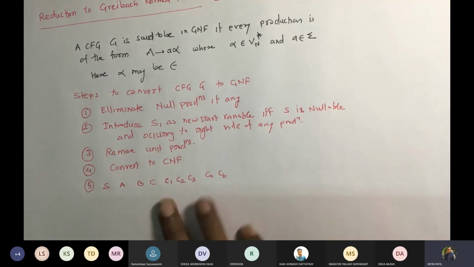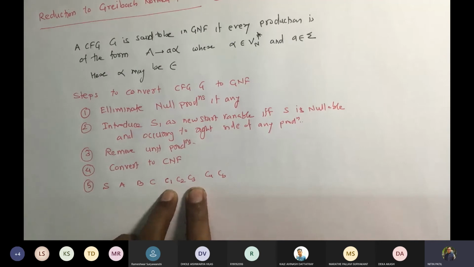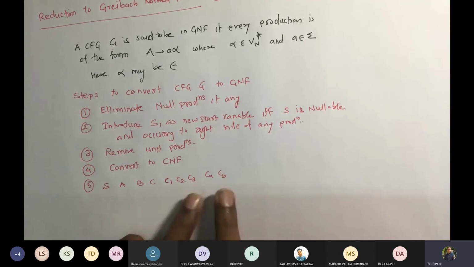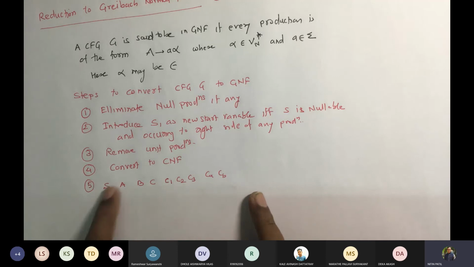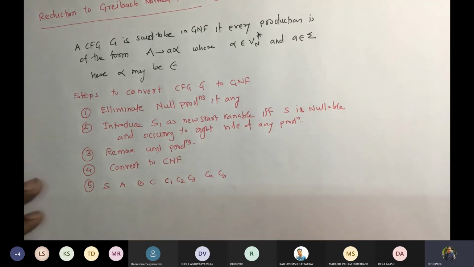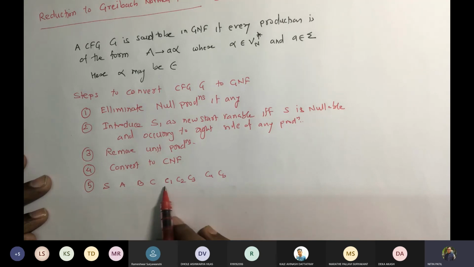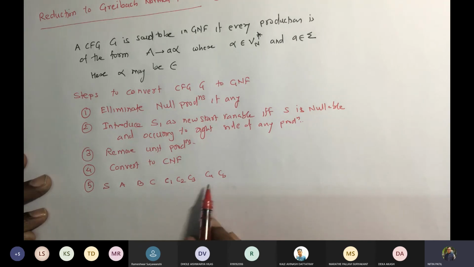These were introduced by you after converting to CNF: C1 and the like for two variables on the right-hand side of a production, and CA and CB for terminals occurring on the right-hand side. You have to write them in this order: the start variable first, then the other variables arranged alphabetically, then all your new C1-type variables, and later CA and CB.